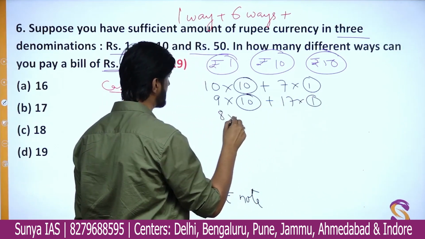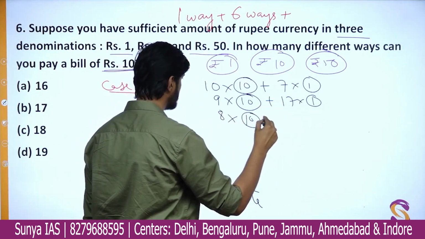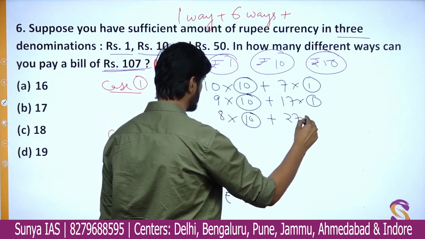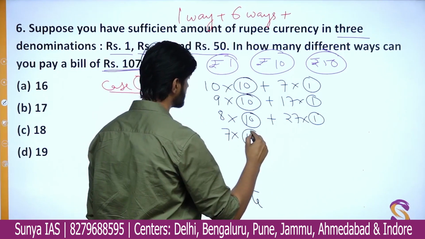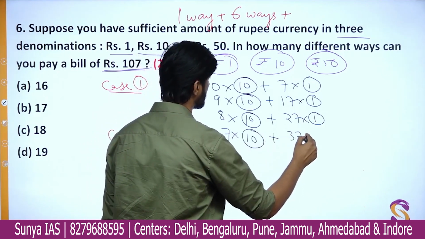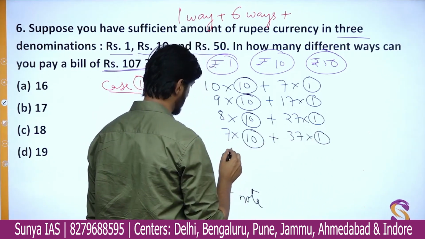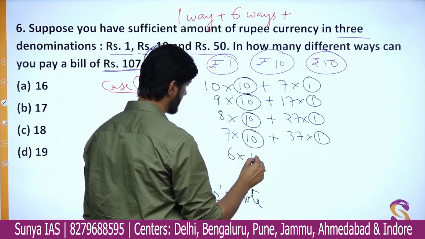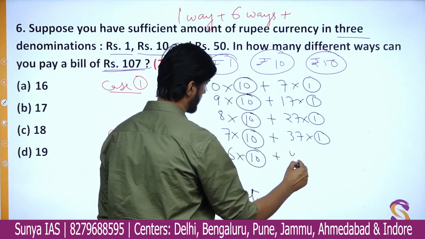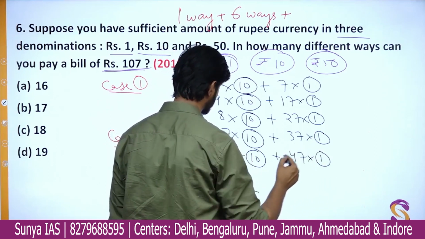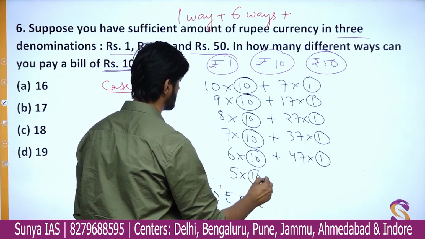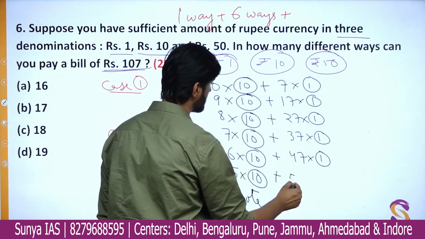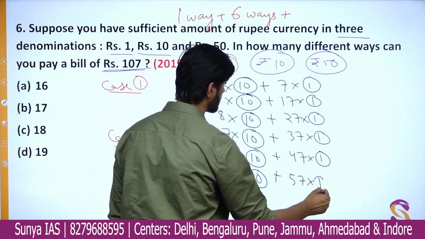Or you can have 8 into 10 plus 27 into 1. Or you have 7 coins of 10 and 37 coins of 1. Then you have 6 coins of 10 and 47 coins of 1. Or you can have 5 coins of 10 and 57 coins of 1.